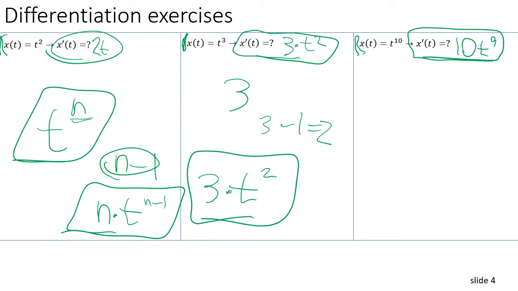And that is our derivative. So in general, the derivative of t to the nth power, where n can be any natural number, is n times t to the power of n minus 1. And there we go.